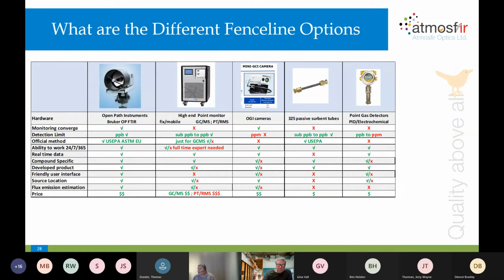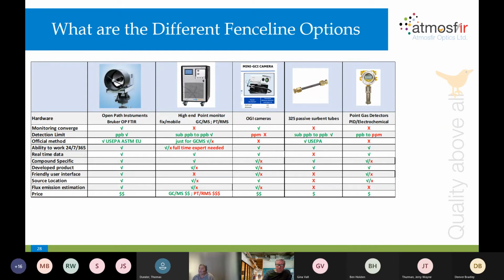Or we can go to the low-end point monitors like the passive sorbent tube, or a very cheap point monitor like PIDs or electrochemicals. And in this table, we compare the detection limits, the monitoring coverage, if there is an official method or not, if it can work 24/7, if it's a developed technology and product, if we can use it for flux estimation, and also price.